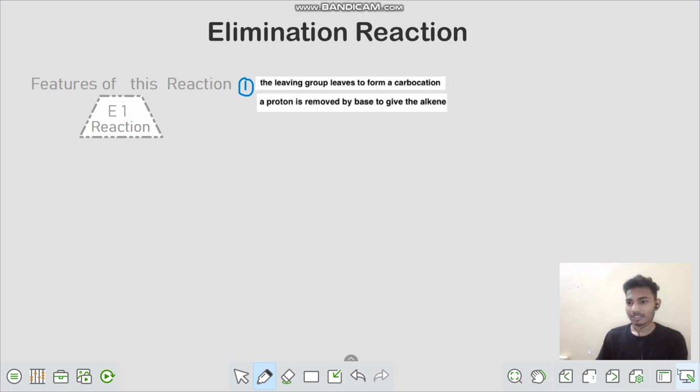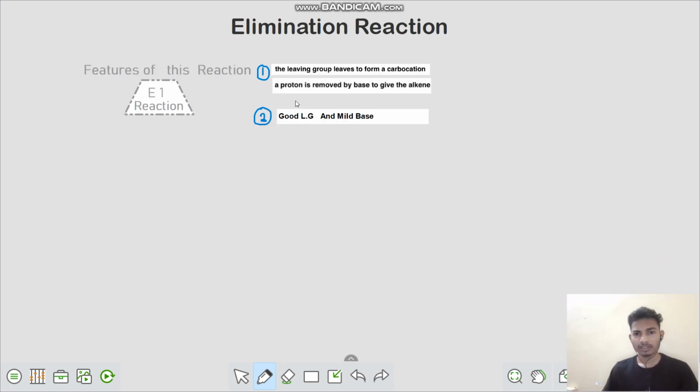In the E1 reaction, we need a good leaving group, and the base is a mild base. Why do we need a good leaving group? So that the carbocation is easily formed.